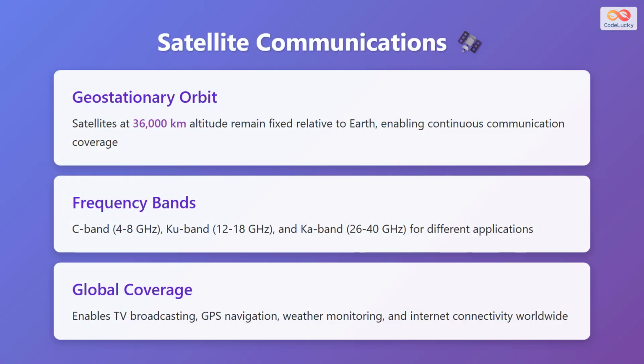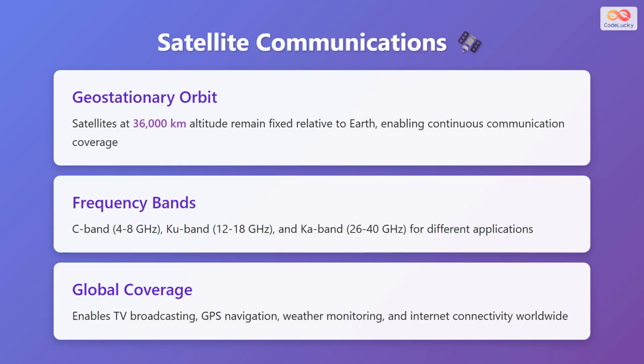Satellite communications represent one of the most important applications of microwaves. Communications satellites are placed in geostationary orbit at an altitude of 36,000 kilometers above Earth's equator. At this height, satellites orbit at the same rate as Earth rotates, appearing stationary from the ground and enabling continuous coverage of specific regions.